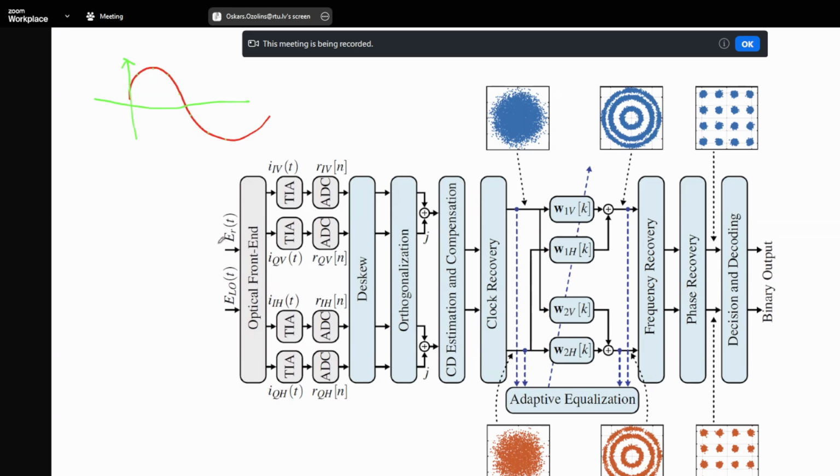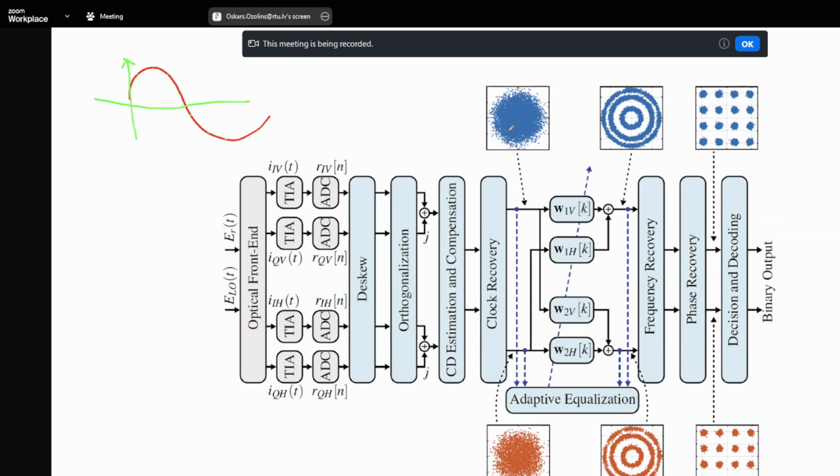In principle, if you don't control the polarization state here, then you handle this with this equalizer. Because what can happen if you don't rotate correctly these two orthogonal polarization states, so you hit this polarization here and this polarization here, you get a combination between two polarizations in each of these complex signals. With this butterfly, that's why you see it as noise.